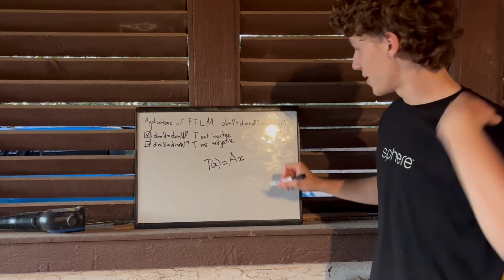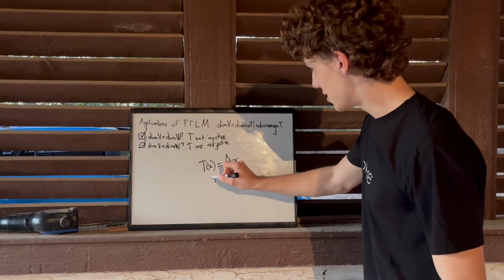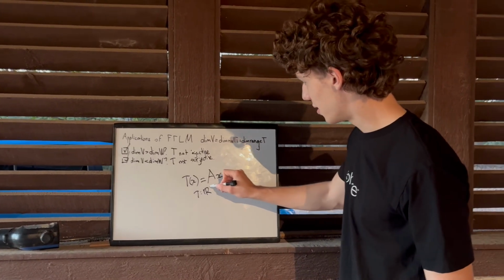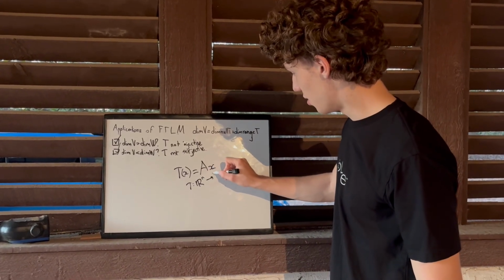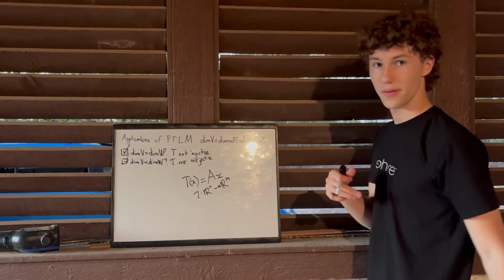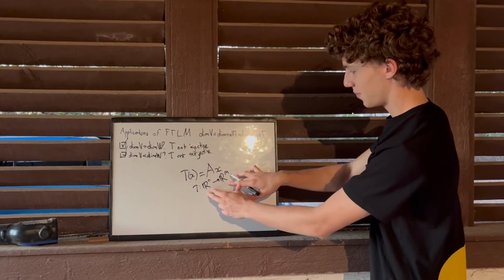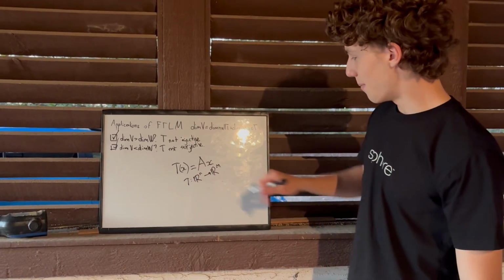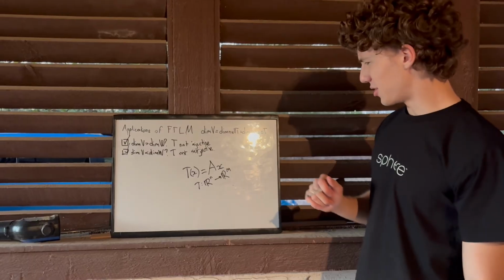So if we consider the linear map T of x equals A times x, and let's say T is going from R^n to R^m, okay? And these are, again, just your real vector spaces, where this is of dimension n, of course, this is of dimension m. And so what does that mean the dimension of A is?